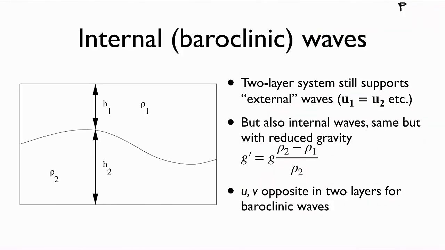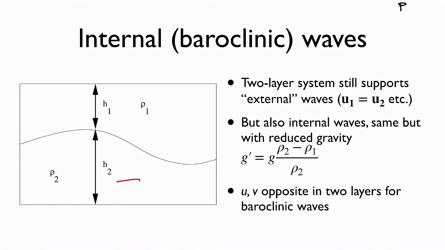Now, I told you we're solving equations in one thin layer, which we're assuming is uniform density. Clearly not a great approximation, especially for the atmosphere. You can add more layers. And so you could have 2. Here we have 2. And then you can get what the oceanographers will call internal waves, or atmospheric scientists will more often call baroclinic waves, where you have opposite things happening in the 2 layers.